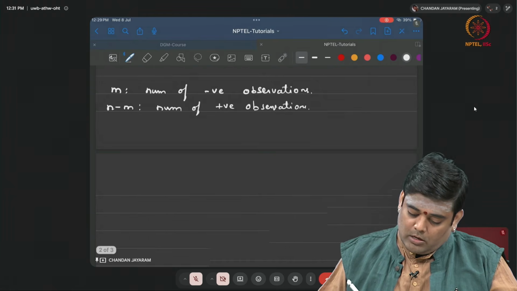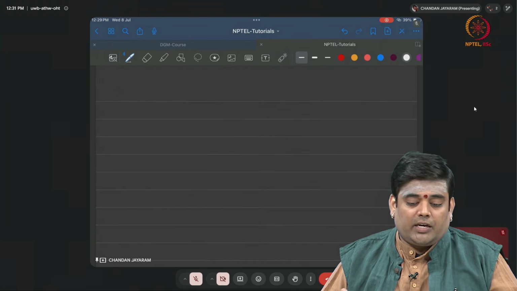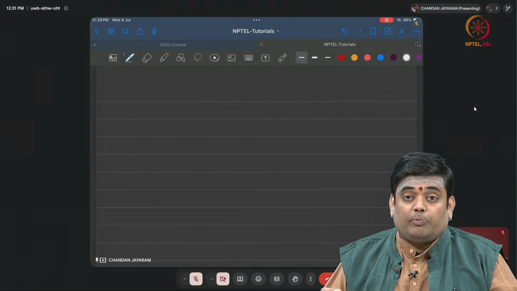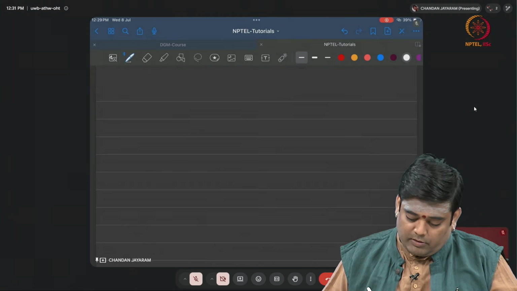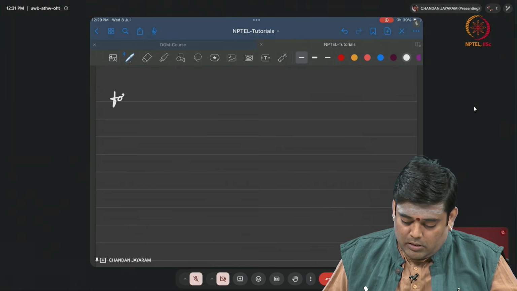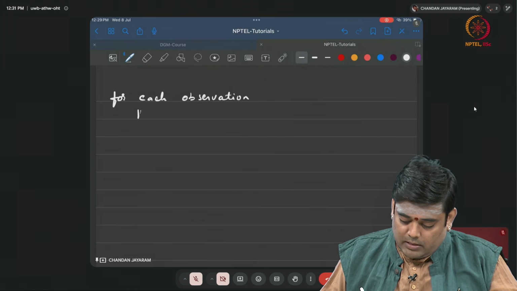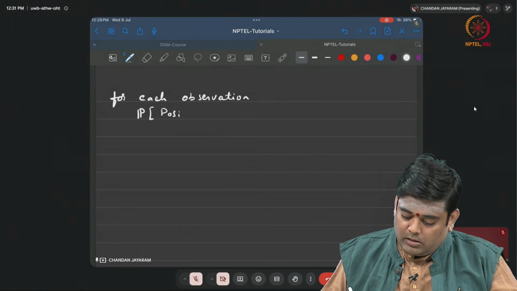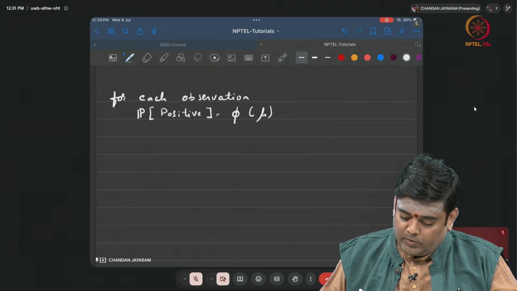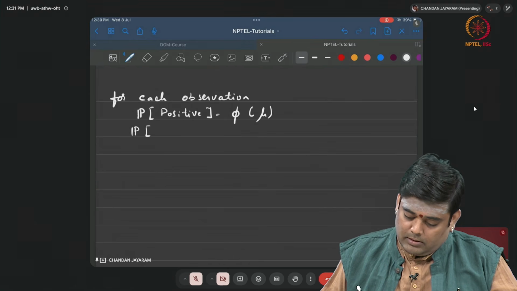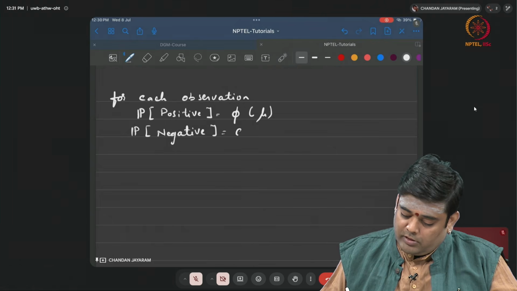For each observation, we can immediately say what the probability is of it being positive or negative. The probability that it is positive is phi of mu, and the probability that it is negative is phi of minus mu.